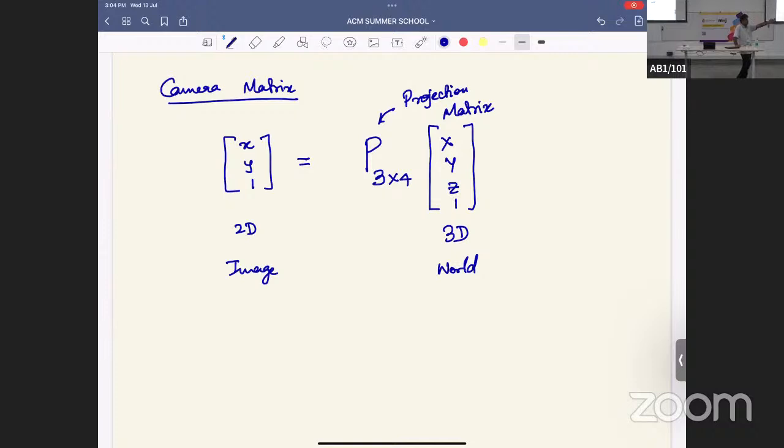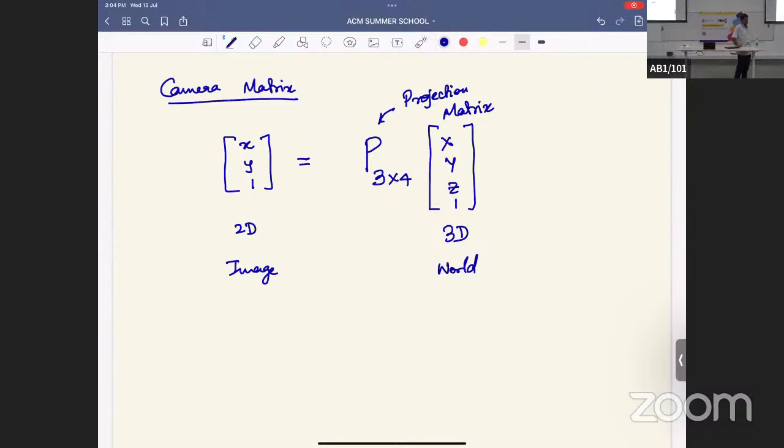These are PTZ cameras, and the scene could be anything. It could be dynamic. Still, if you have a PTZ camera setup, you take two images, one with some pan, tilt, and zoom, and the next with a different pan, tilt, and zoom. Then they could be related by only a single matrix. We don't have to go to 3D to relate those two images.